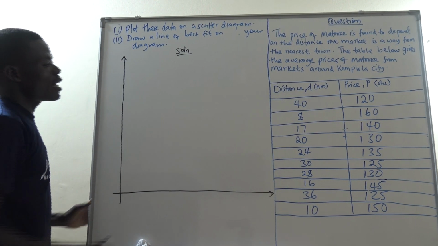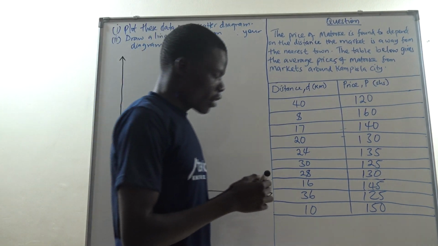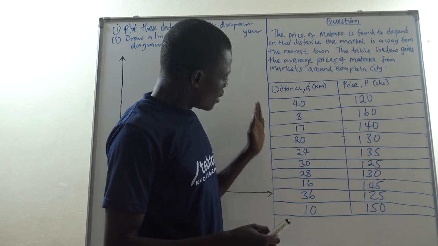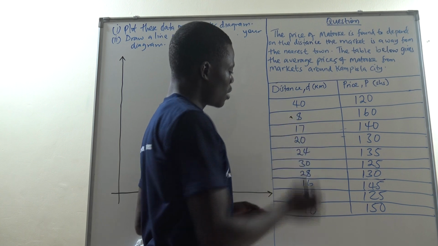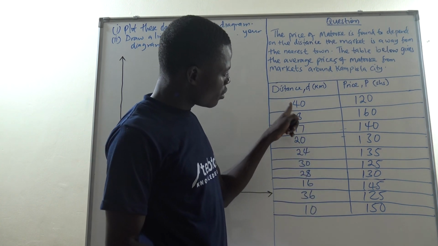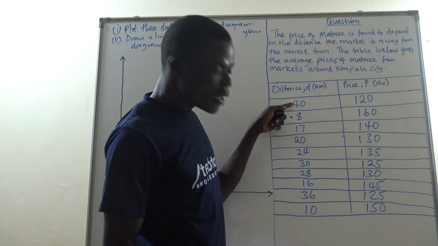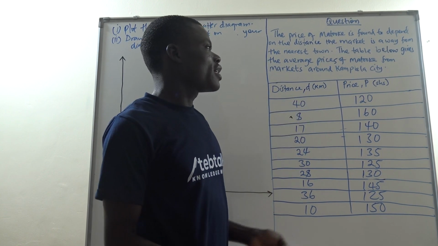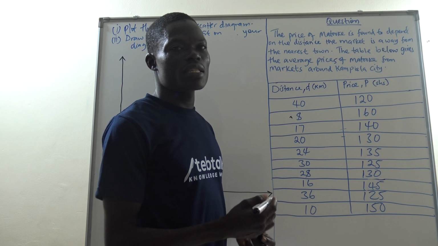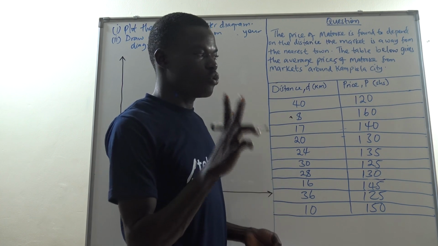And then we first study our data points. Distance: the smallest data point is 8, and the highest is 40. That implies that the range of our variable distance is 32.